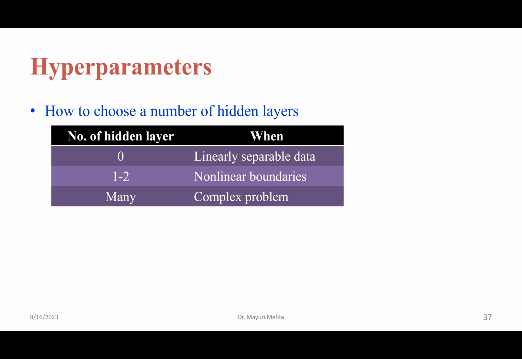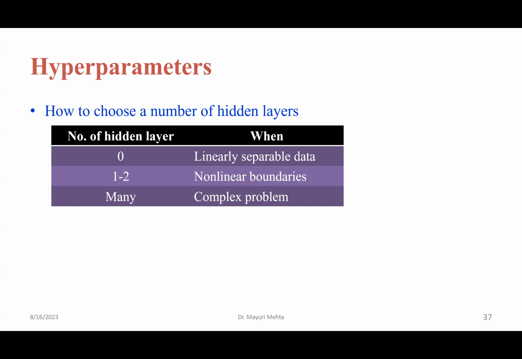But in general, the number of hidden layers is a hyperparameter that can significantly impact model performance, and increasing the hidden layers can allow the model to learn more complex relationships in data. But when we increase the number of hidden layers, it also increases the risk of overfitting, and it requires more computational resources.